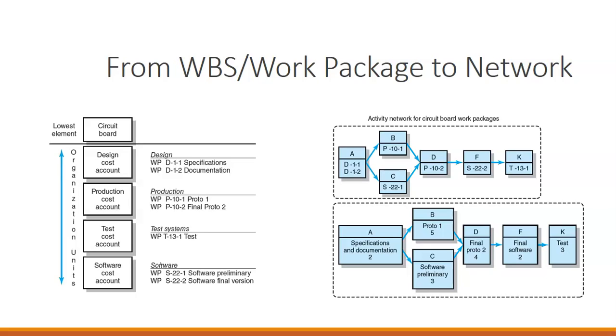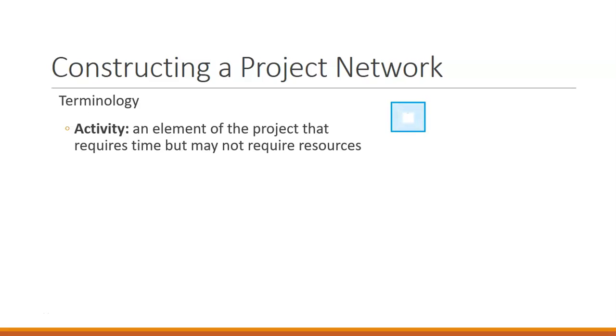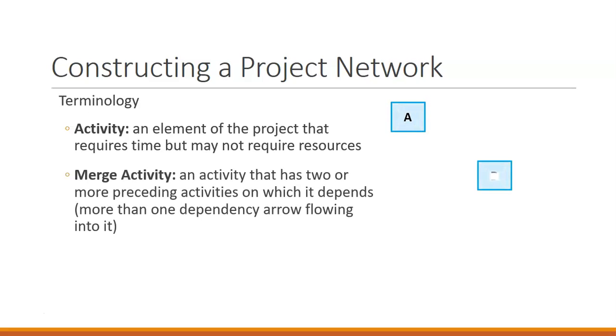So the test is going to happen last after we have all of the other components done. In a network, activities need to be completed in a specific order, and we're told what the timing of those activities are. So when we're looking at a project network, we need to know what our activities are.